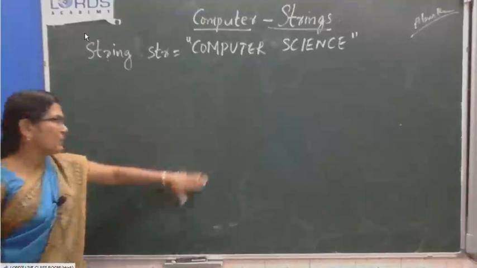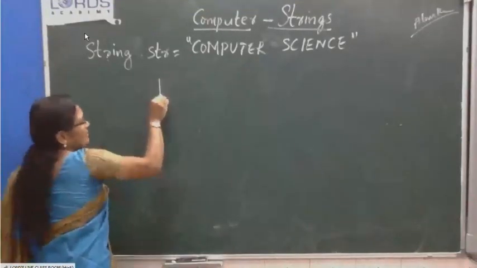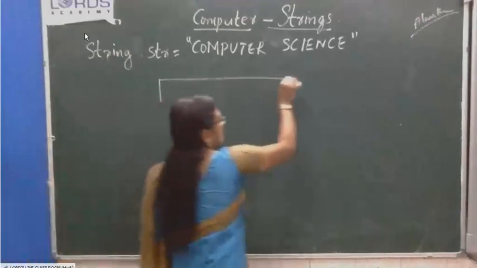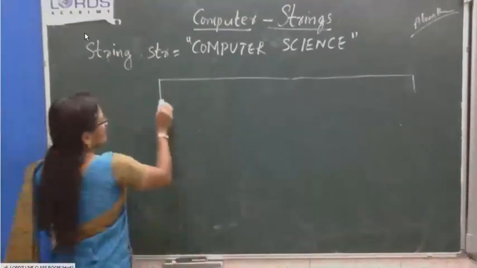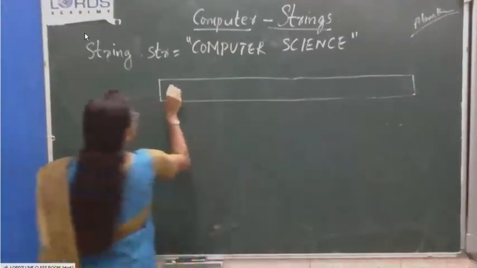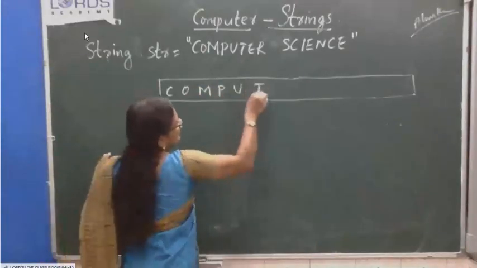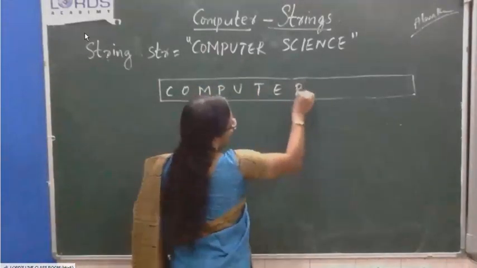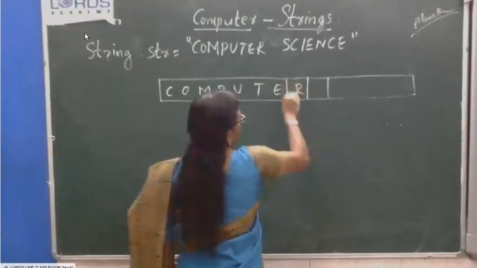So, in the memory, a string is created, continuous storage locations are reserved to accommodate all the characters of the string. COMPUTER, space to accommodate space also.